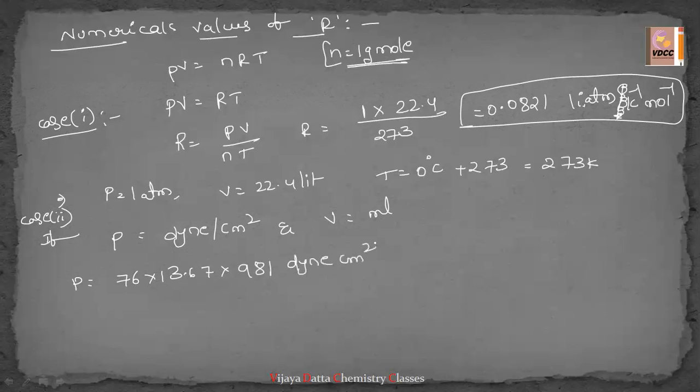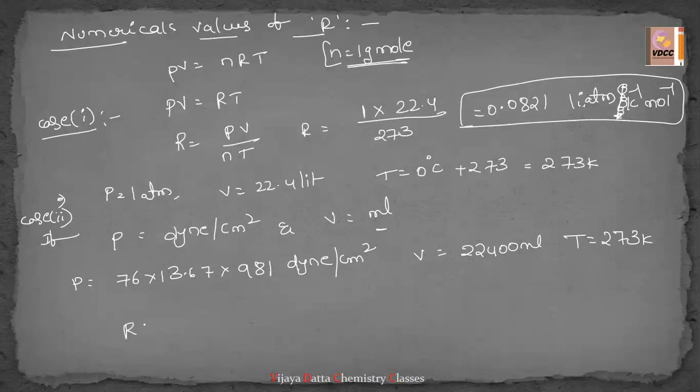The volume, actually 22.4 liters, converted into milliliters becomes 22,400 ml. The temperature, as usual, we consider 273 Kelvin.